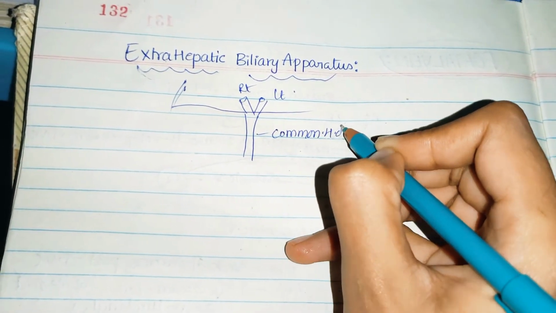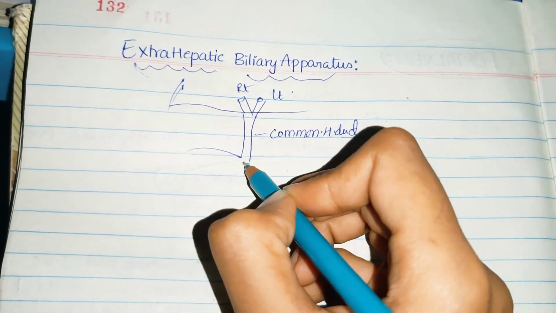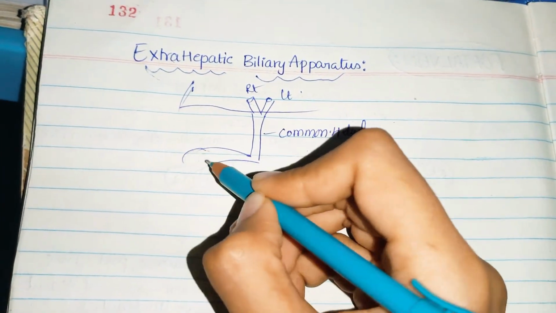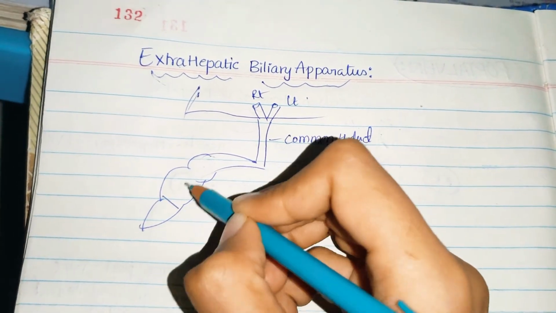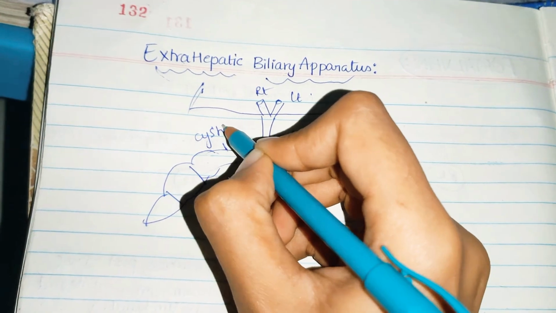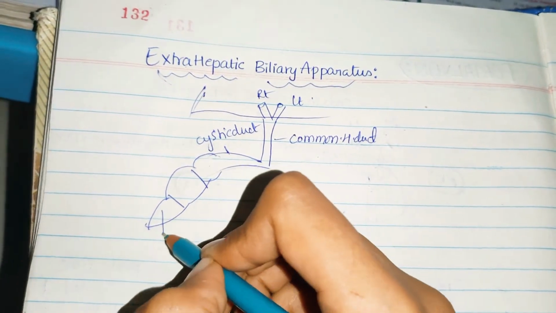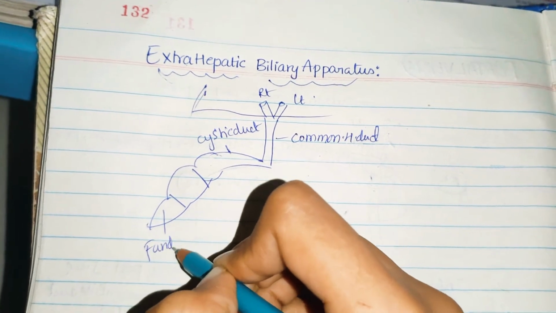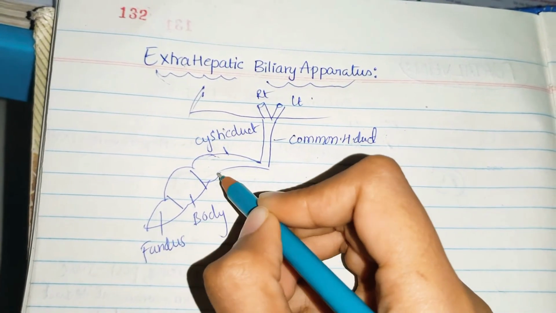Common hepatic duct, and on this side it forms a gallbladder like this. So this is a gallbladder and this is a cystic duct. The gallbladder is divided into three parts: this is the fundus of the gallbladder, this is the body, and this is the neck.